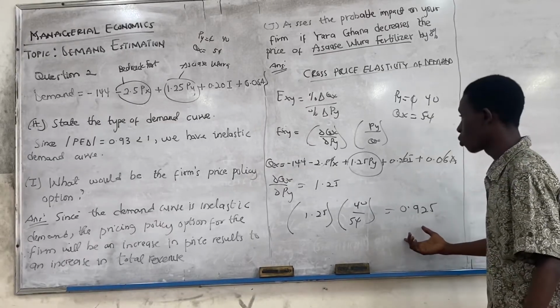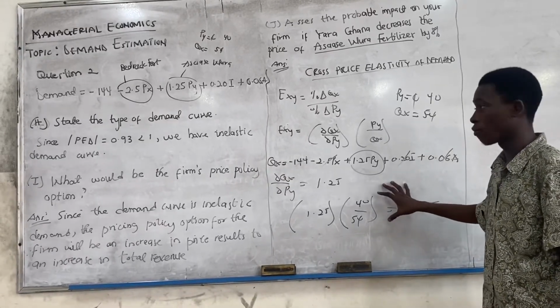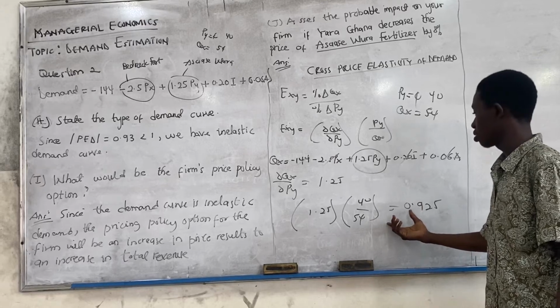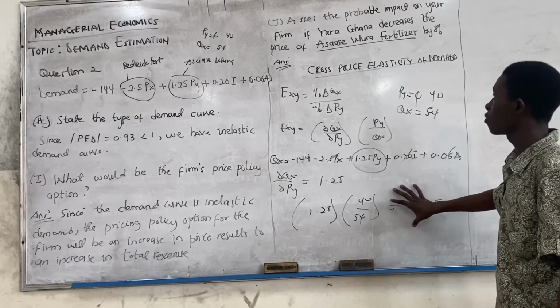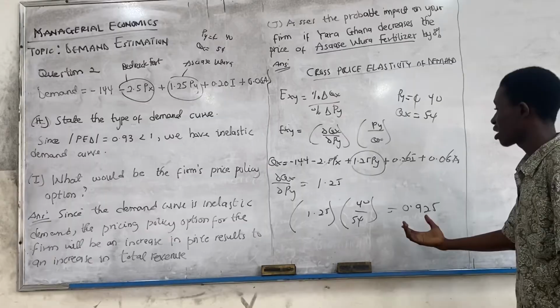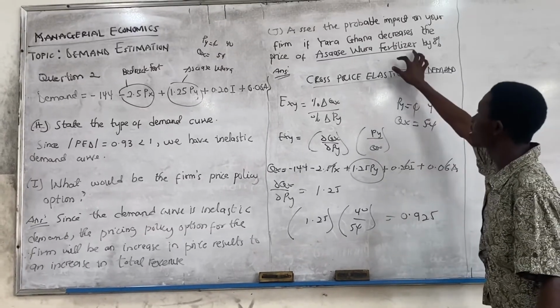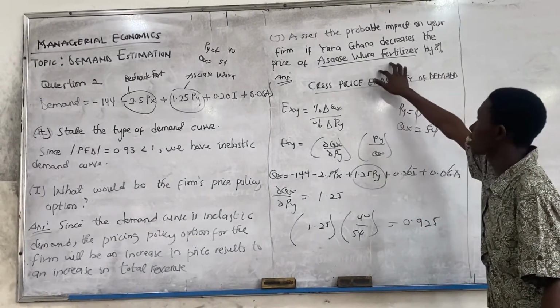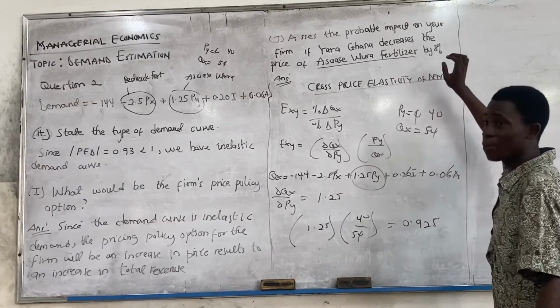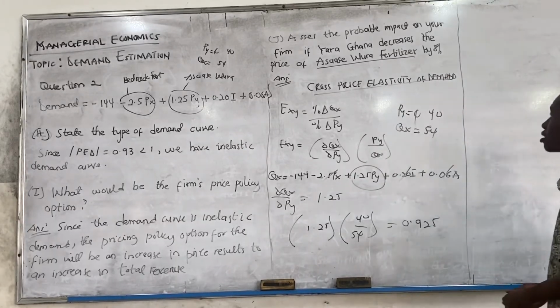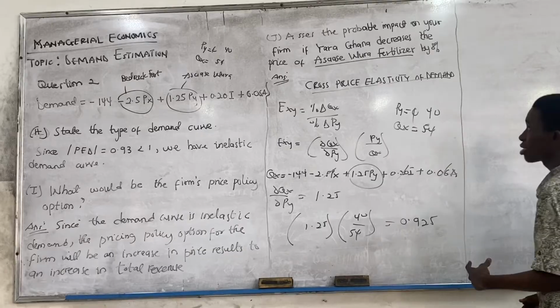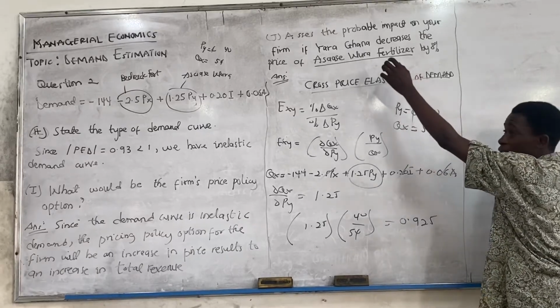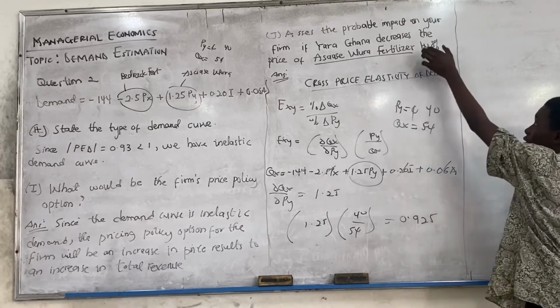So we have this as the cross price elasticity of demand. Are you good? This becomes our cross price elasticity of demand. But they are saying that we should assess the impact of the decrease in the price of Asasura fertilizer by 8%. Are you good? So meaning they are going to find how much the quantity that Asasura is selling is going to decrease by 8%.